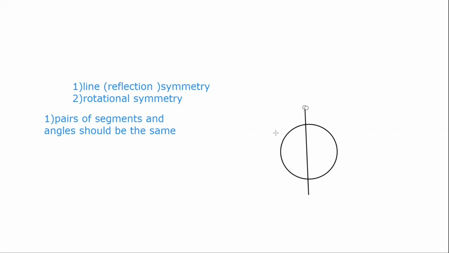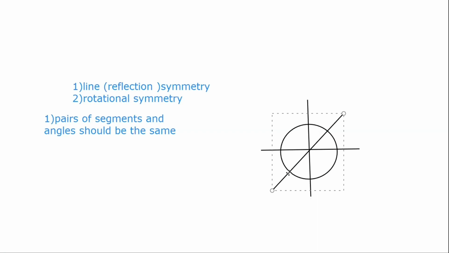So let me do it better. Is this a line of symmetry? Yes, it is. Is this a line of symmetry? Yes, it is. Is this a line of symmetry? Yes, again, because this is exactly equal to this.